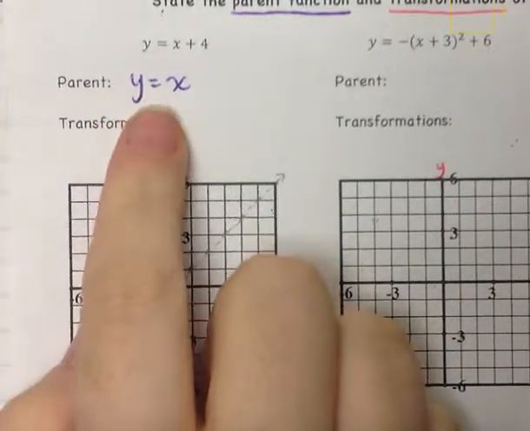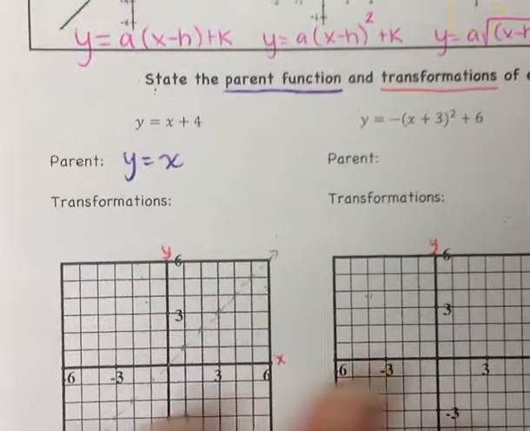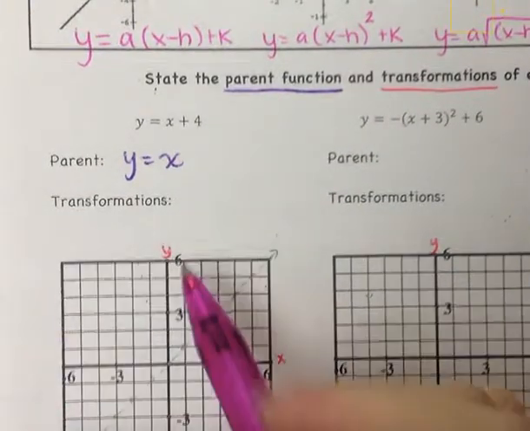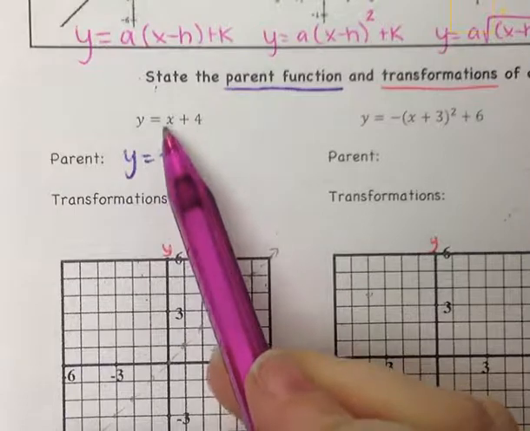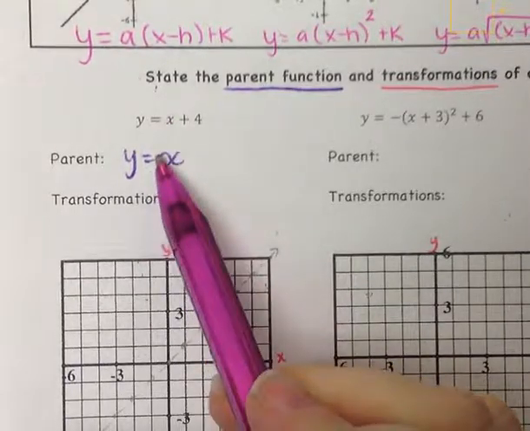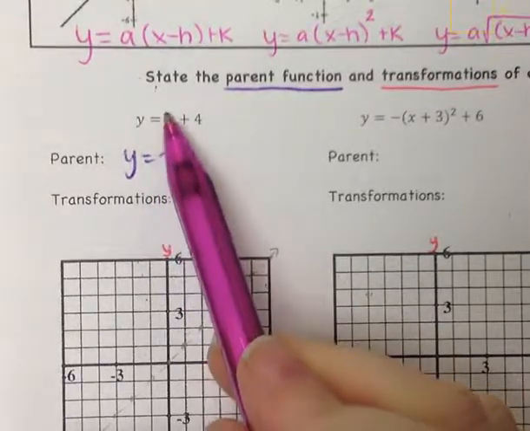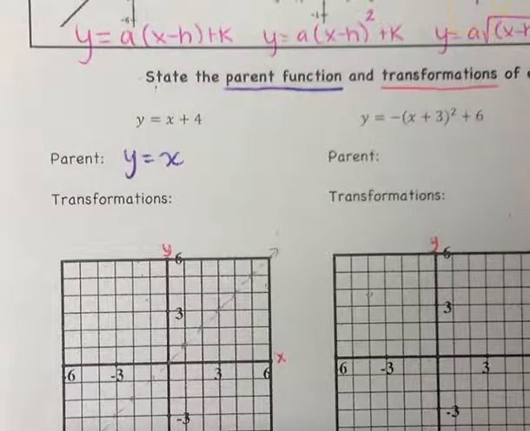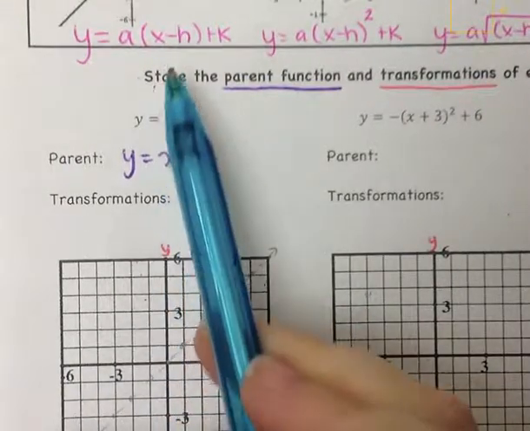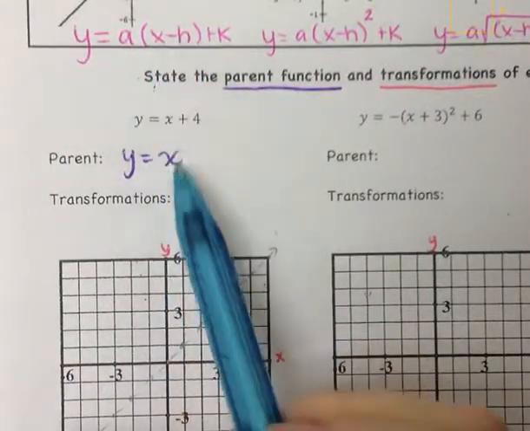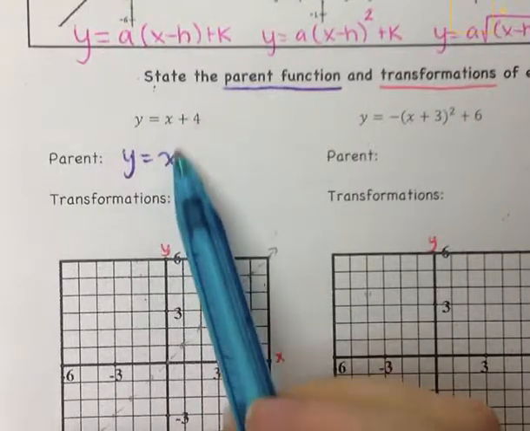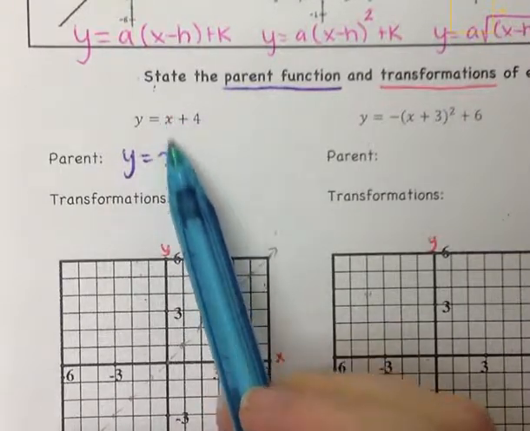Now we need to determine what values from our general form have been changed. The a value from the original parent function to the new equation has not changed. It is still that positive 1. There is no parentheses on here, so that means that the h value has not changed as well.